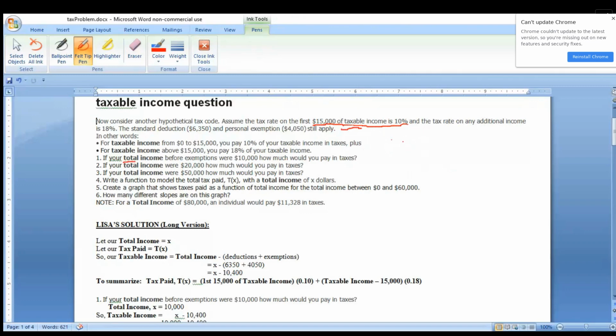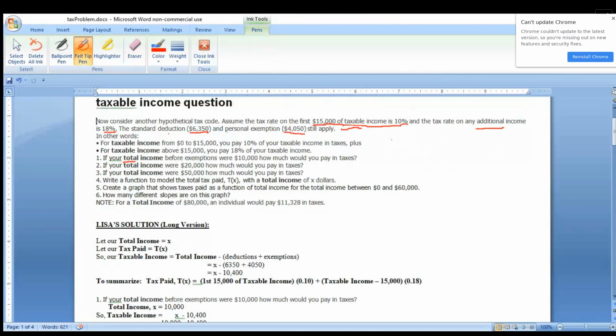So the tax rate on the first 15,000 of taxable income is 10%, and the tax rate on any additional income is 18%. The standard deduction, $63.50, and personal exemption, $40.50, still apply.